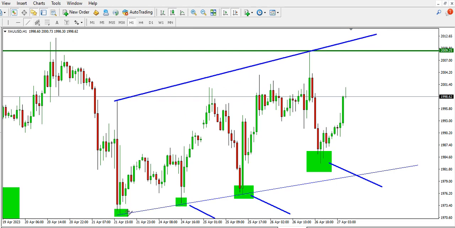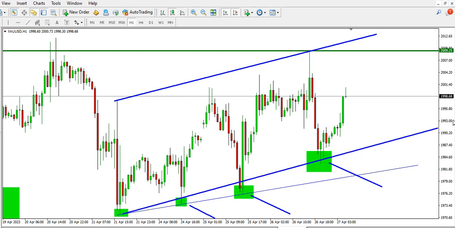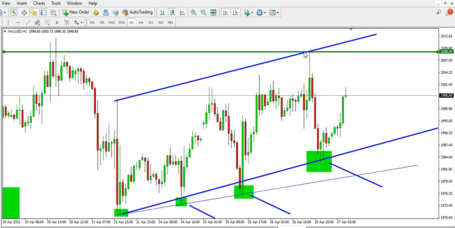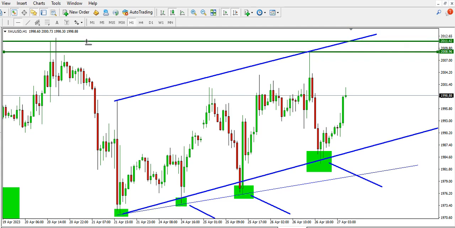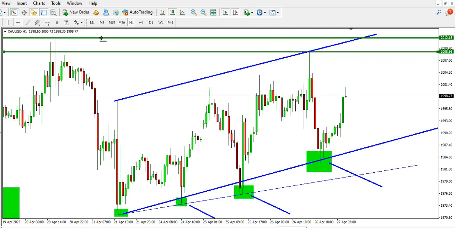The channel is in play, and price is ranging upwards. We have a high point around here, and then we have another high point around here. The one around there is 2012 area, while this is 2008 area.